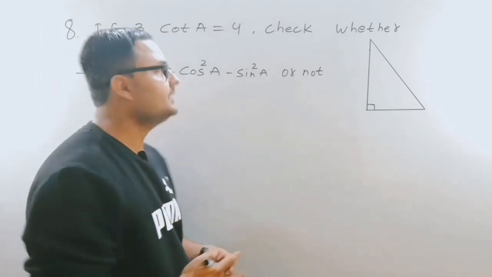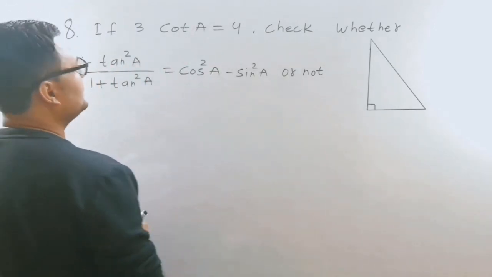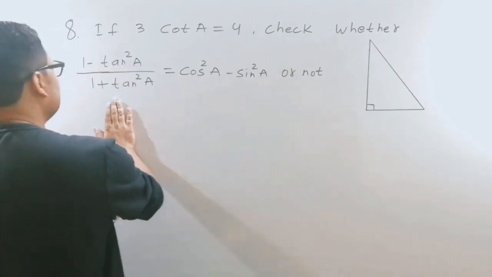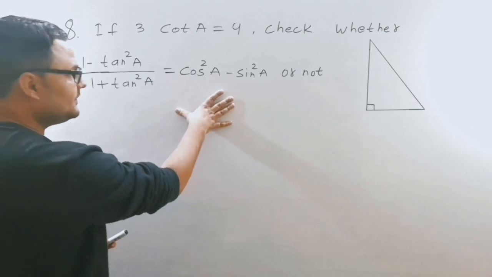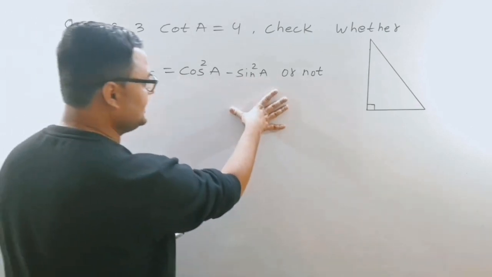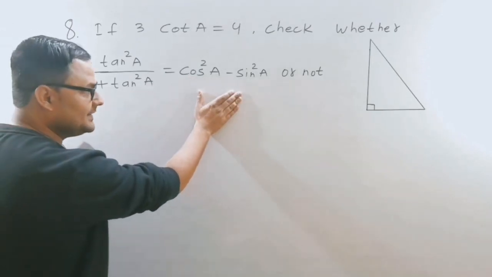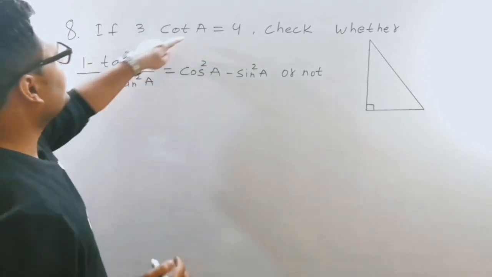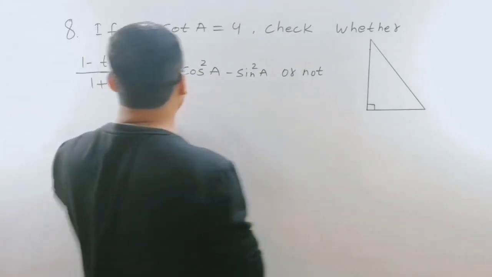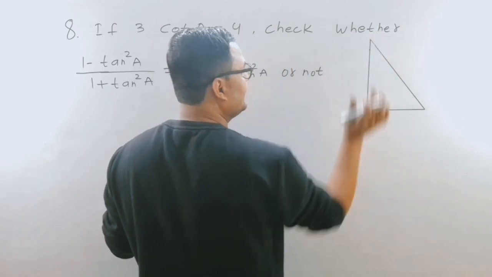Question number 8. If 3 cot A equals 4, check whether 1 minus tan square A divided by 1 plus tan square A equals cos square A minus sin square A or not. It means LHS equals RHS. We have to find yes or no. 3 cot A equals 4. Angle A can come here or angle A can come there.